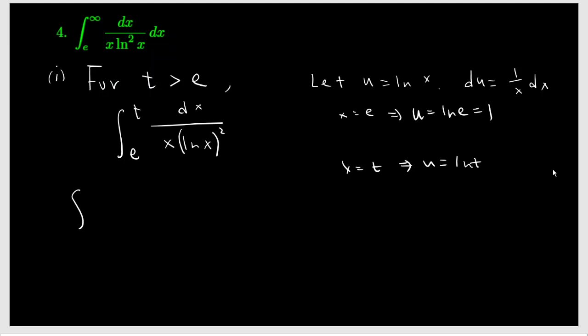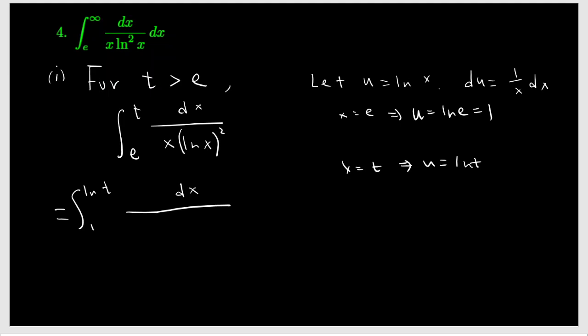The lower limit is going to be the u value of 1. The upper limit is going to be the u value of natural log of t, right? And then everything is going to be in terms of u. 1 over x times dx will become du.